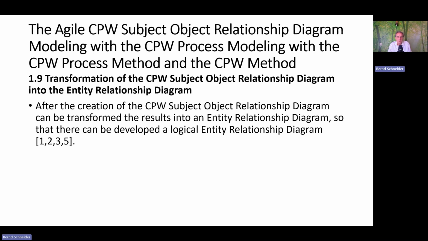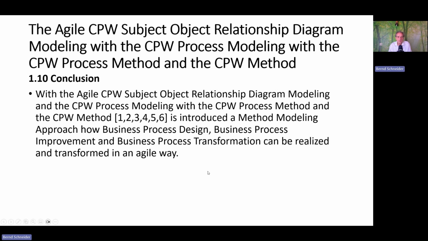Transformation of the CPW subject-object relationship diagram into the entity relationship diagram. After the creation of the CPW subject-object relationship diagram, the results can be transformed into an entity relationship diagram, so that a logical entity relationship diagram can be developed. Conclusion.